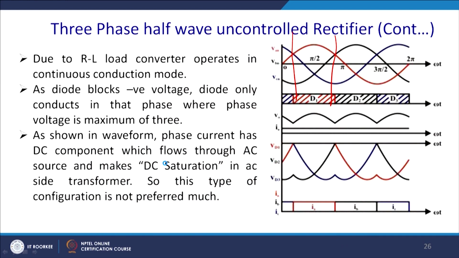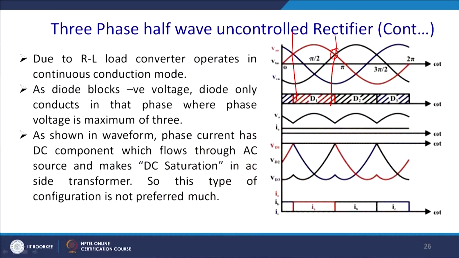Similarly, after that, at this point VB crossover takes place. Since there is only a single diode in the upper limb, a crossover takes place at this point where B phase becomes the most positive phase, and thus it will conduct till this point.